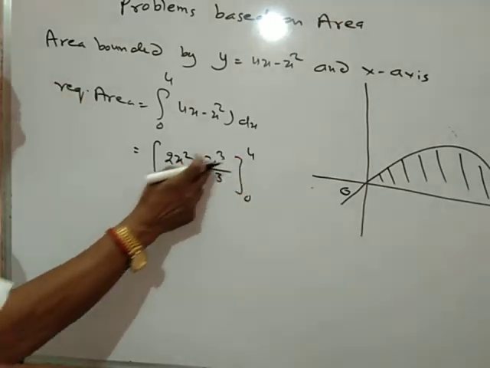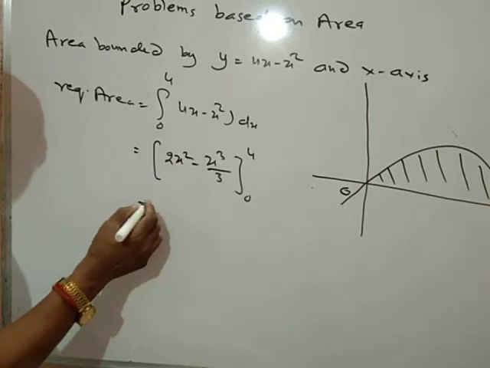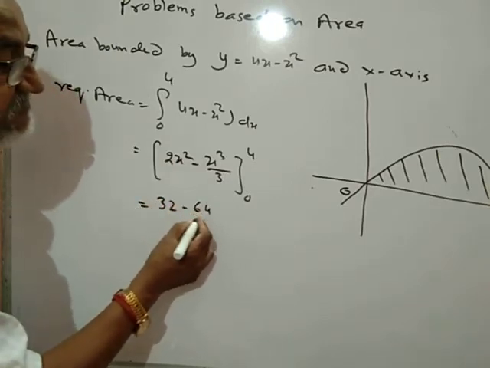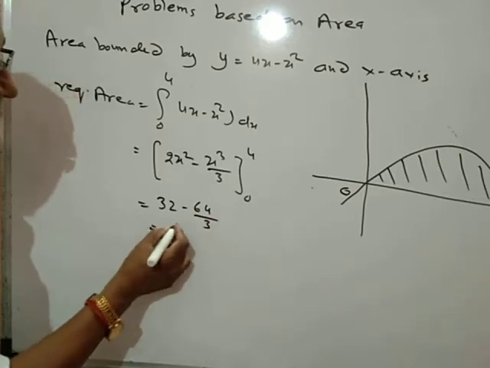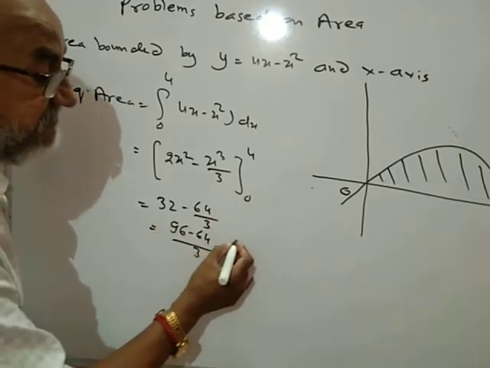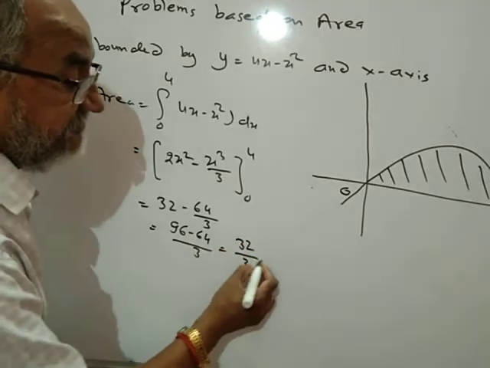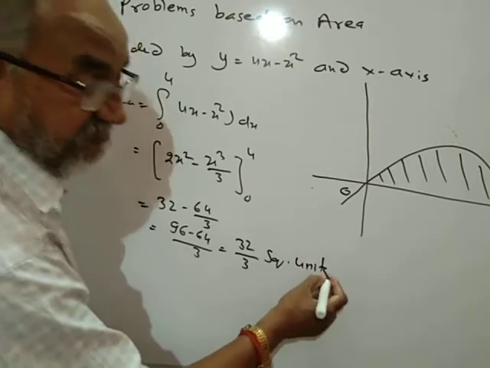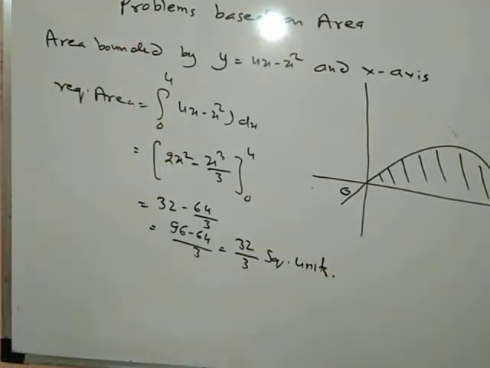So this is equal to 4 square is 16, 2 into 16 is 32, minus 64 by 3. So this is 96 minus 64 by 3. So the area is 32 by 3 square units.